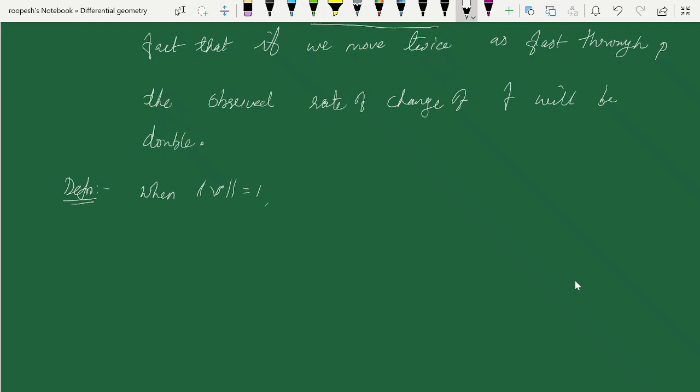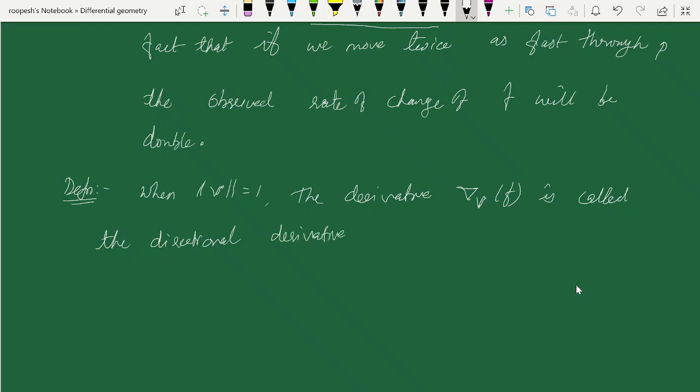The derivative del v of f gets a special name: it is called the directional derivative of f at p in the direction of v.